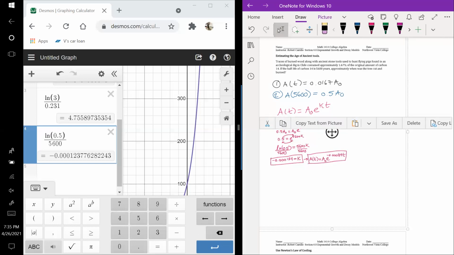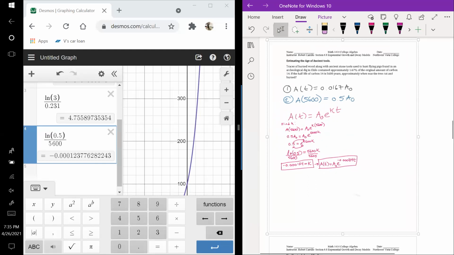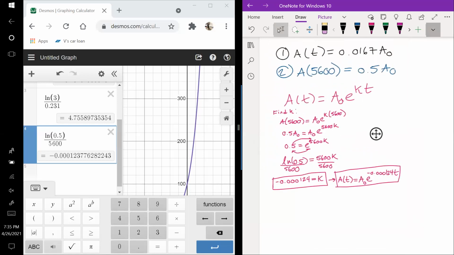Okay, cool. Okay, so now let's go ahead and use clue number 1 to help find how old these ancient tools are. Clue 1 says that after some amount of time, there was 1.67% of the original amount left. So we are going to use that. Let's find time.